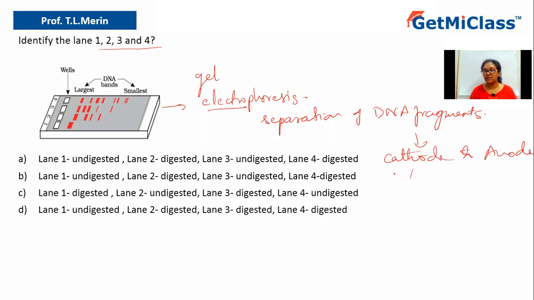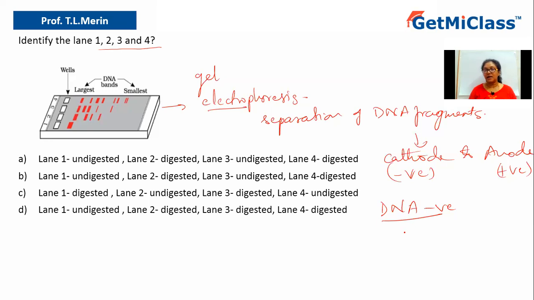Cathode is negatively charged, and anode is positively charged. And we already know that DNA is negatively charged, and hence it will move from cathode to anode. While moving, based on their size and molecular weight, they get separated.